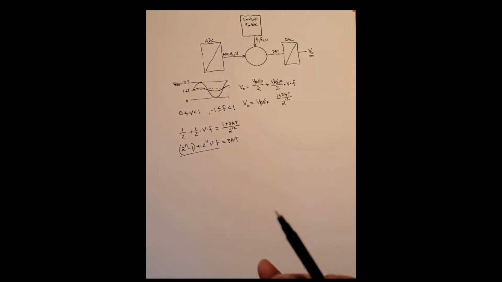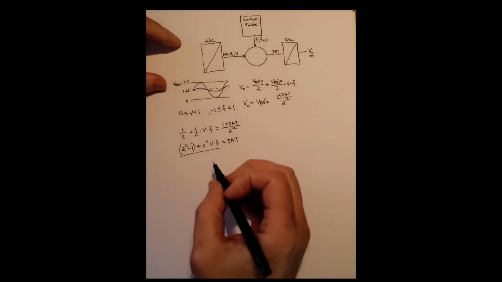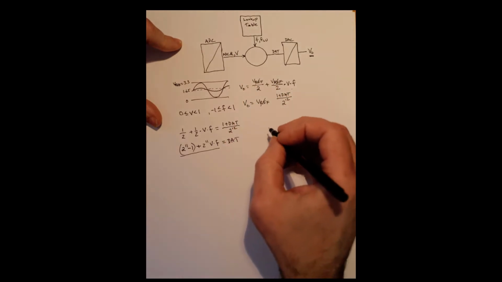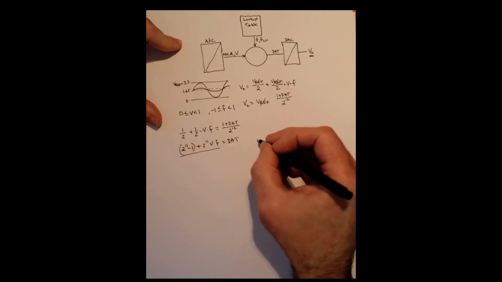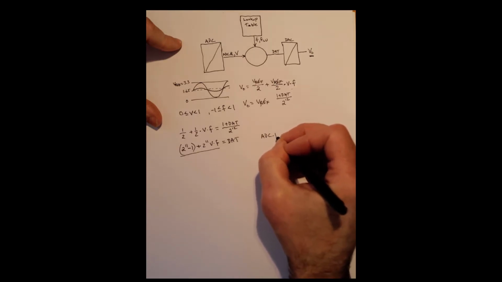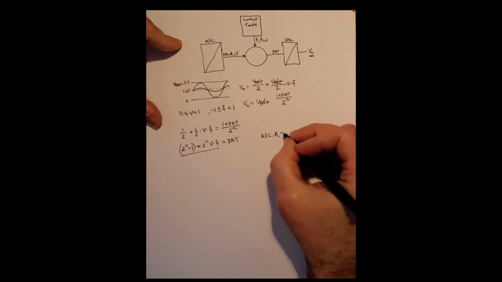That's a 16-bit value, and it's unsigned 16-bit because it's a single-ended ADC value. And so it goes from 0 to FFFF. So we need to convert this sample, this ADCR, what is this equal to?